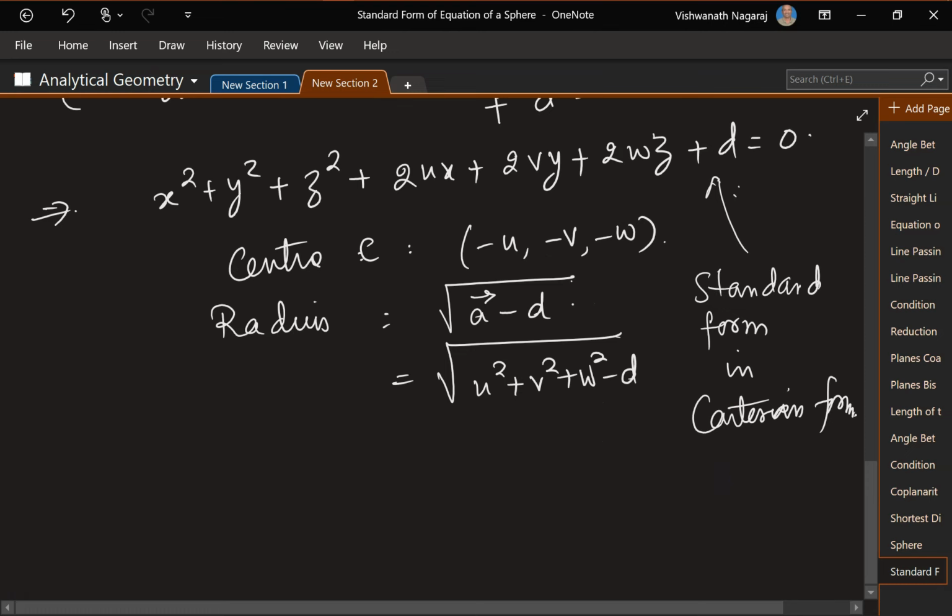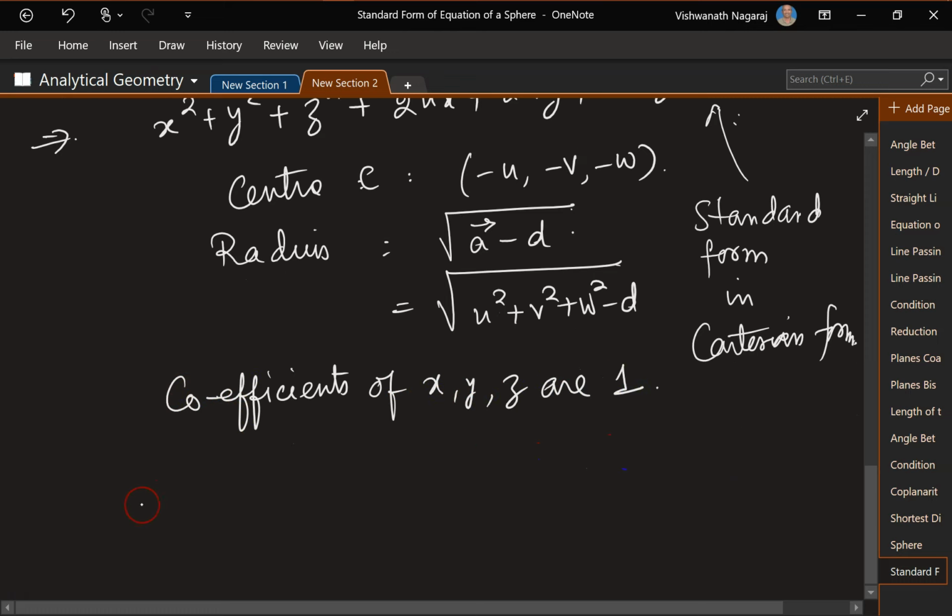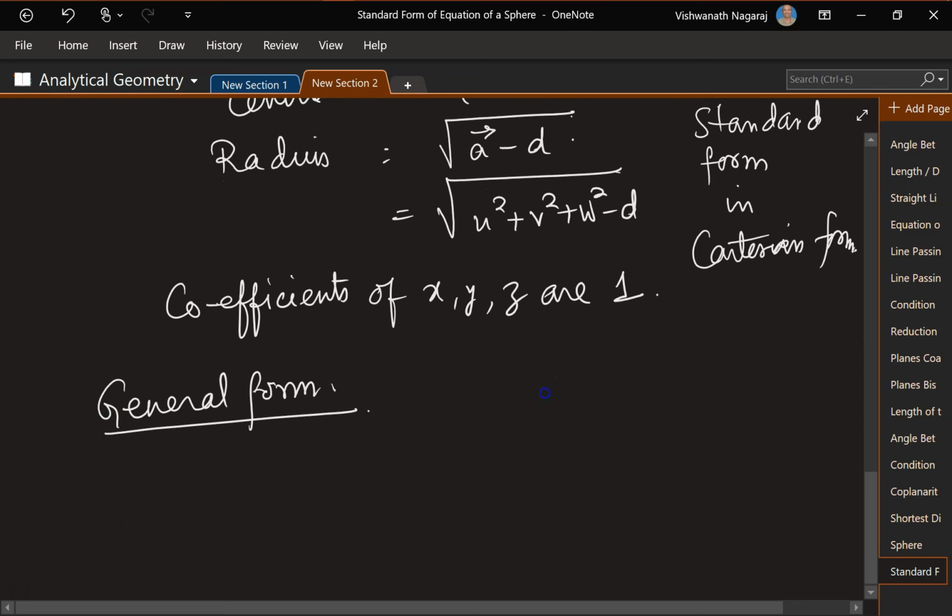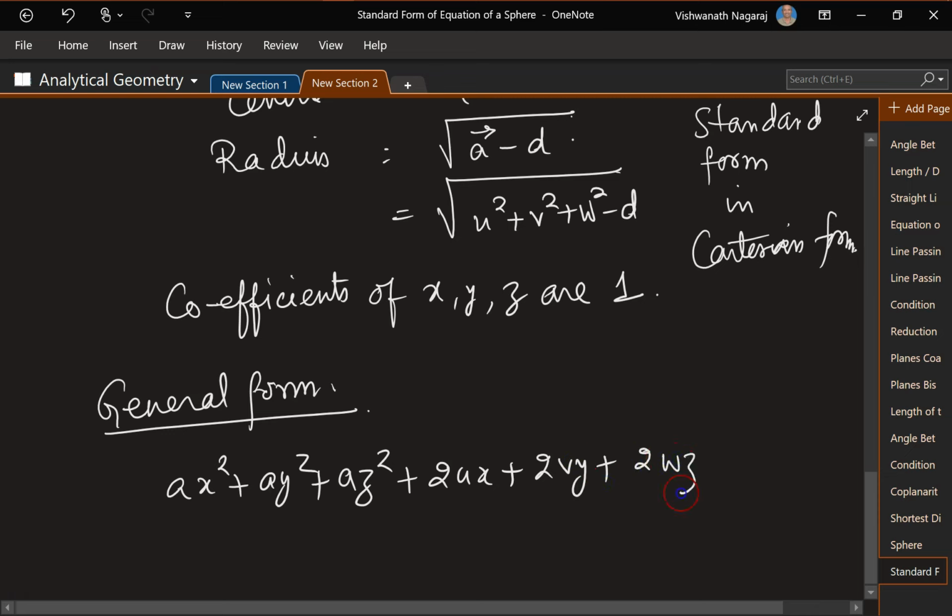Now here again, the coefficients of x, y and z are 1. So we can introduce these coefficients and say, let's say, ax square plus ay square plus az square plus 2ux plus 2vy plus 2wz plus d equal to 0.